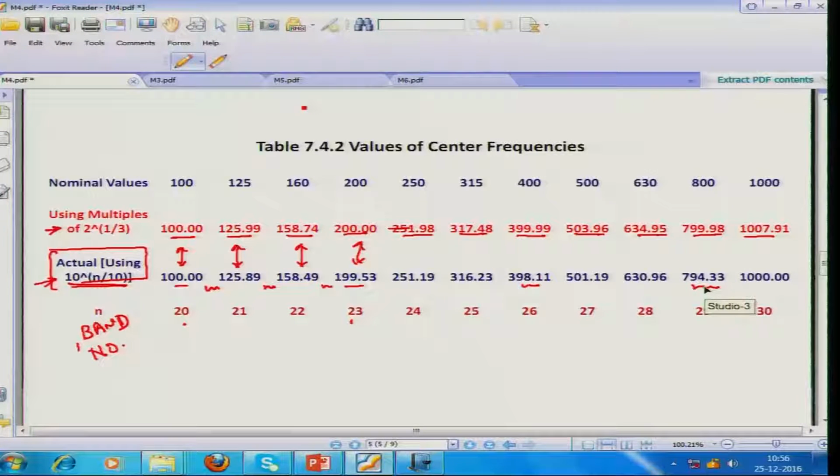What I am trying to say is that there are octave bands, and in this case the ratio is 2, and then there are 1/3 octave bands, and here the ratio is 2 to the power of 1 by 3.